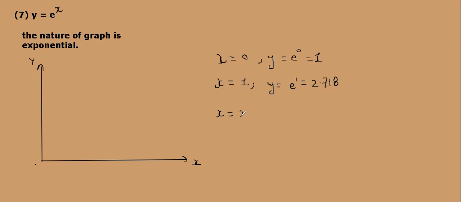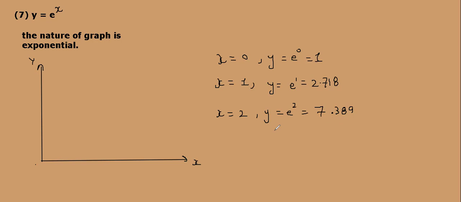When x value comes out to be 2, in that case y is equal to e raised to the power 2, the value is very, very fastly rising, 7.389.